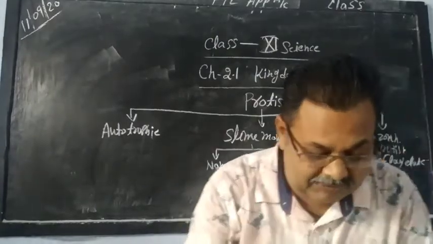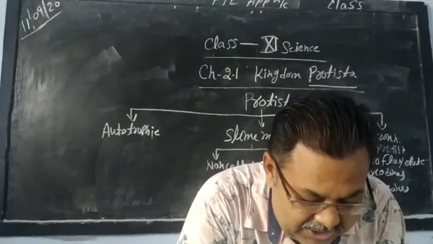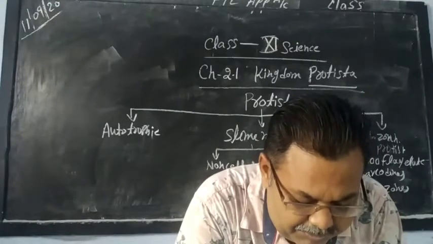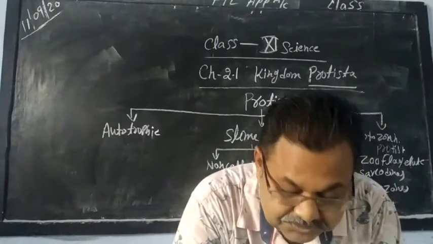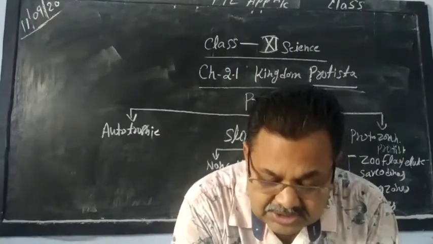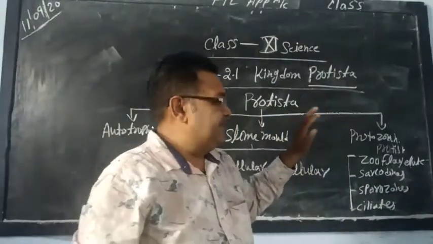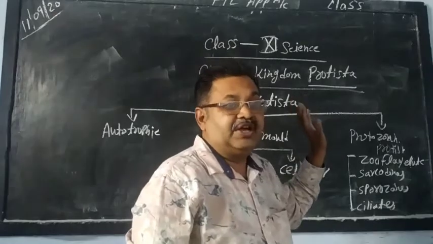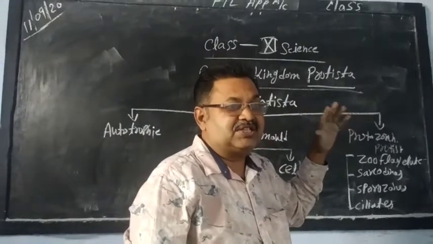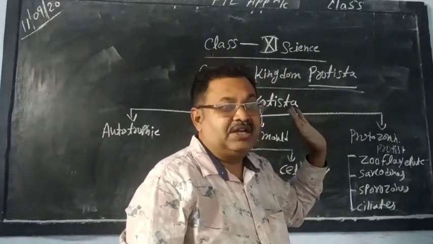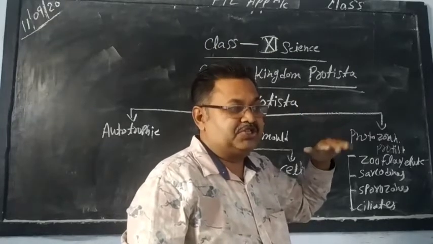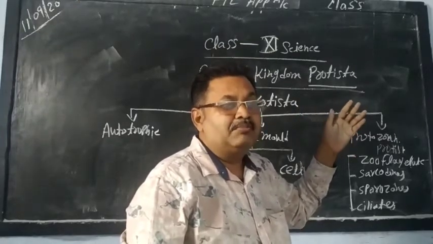Now our next topic is the structure of a typical protist. You know that Protista does not have a definite shape, just like an amoeba. Amoeba does not have a definite shape. Its shape changes from place to place.